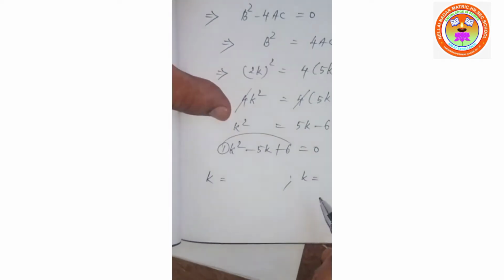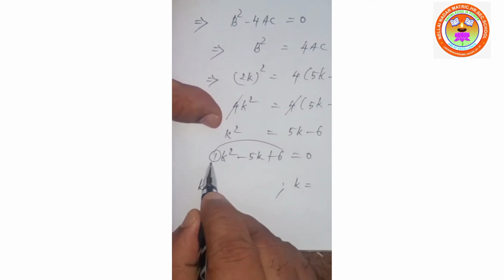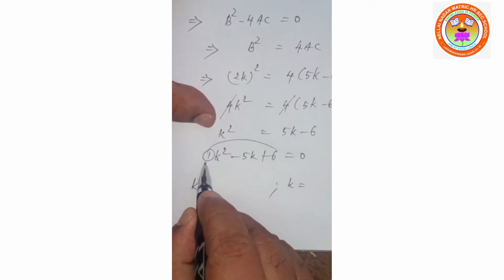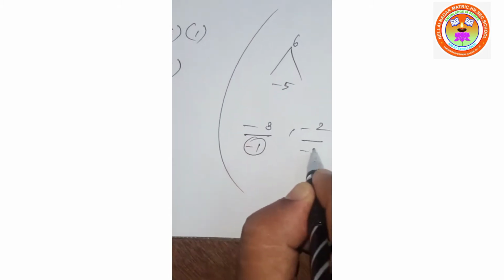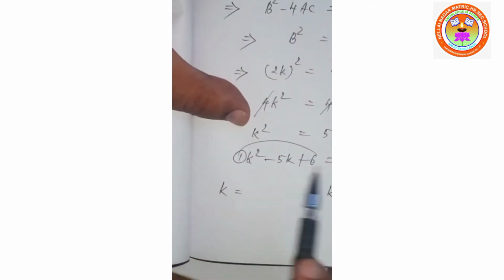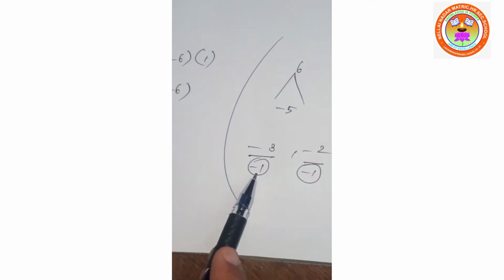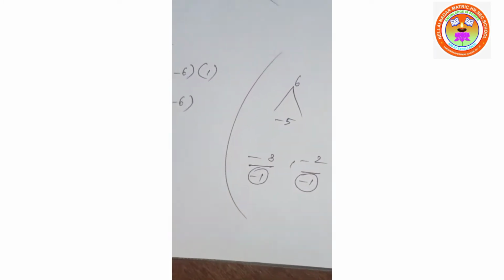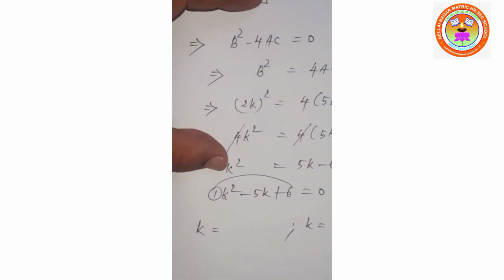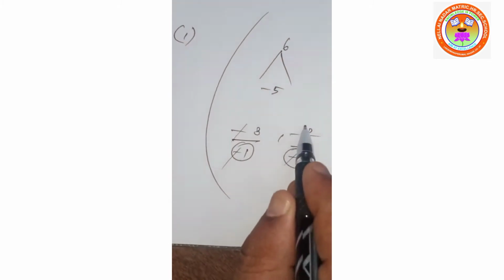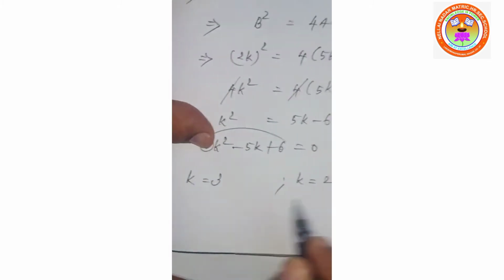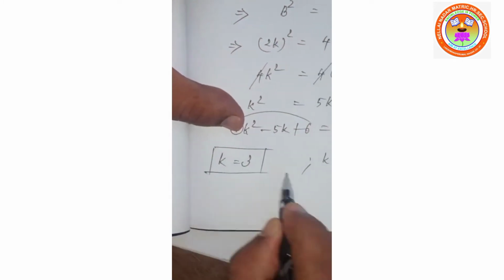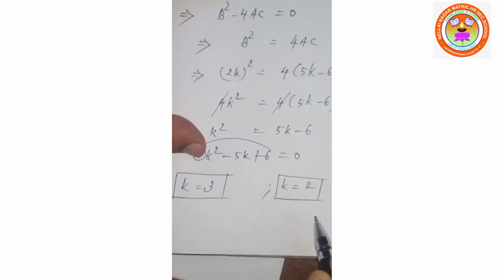To get the values of k directly, consider the coefficient of k squared, what is here 1, change the sign and write in the denominator. That means 1 becomes minus 1, written in the denominator. If it is an equation only, you can write like this. The minus signs get cancelled. 3 by 1 is 3, 2 by 1 is 2. That's all. So we have double values of k.